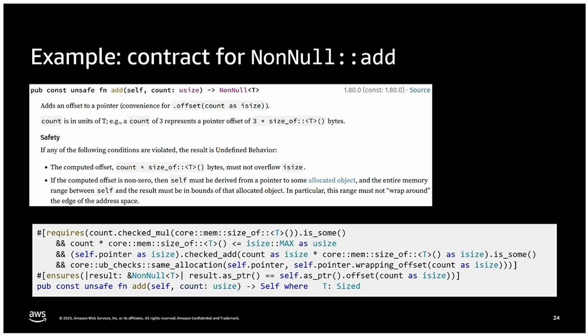It essentially uses this predicate that Kani provides, which is called same_allocation. And this predicate asserts that the pointer as well as the computed offset pointer have to be part of the same allocation. So this is a predicate that is implemented internally to check that this is the case. And this relies on the memory model that CBMC provides.